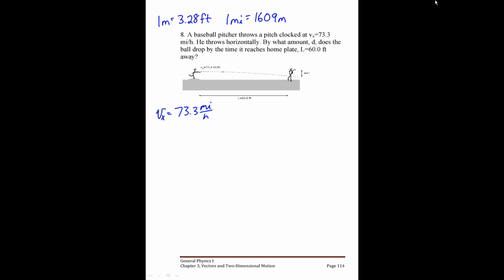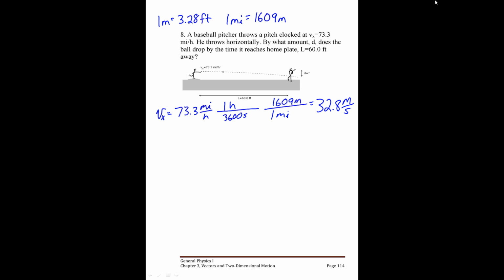So 73.3 miles in 1 hour. There are 3,600 seconds. In 1 mile, there are 1609 meters. And so that's equal to 32.8 meters per second.